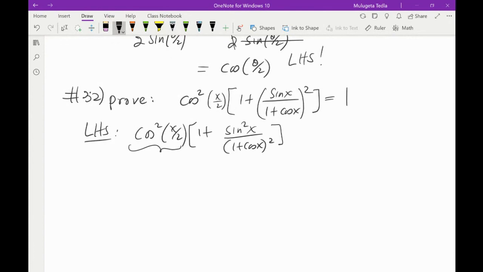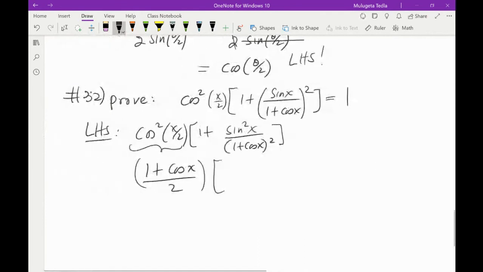Wouldn't you be able to use the double angle formula? 1 minus 2 sine squared of x over 2? Yes. 1 plus cos of double the angle, which is x, isn't it? Which is x, double the angle over 2, right? Not yeah, squared. Okay. So this is exactly the application of the half angle formula. You're right. Okay, thank you.